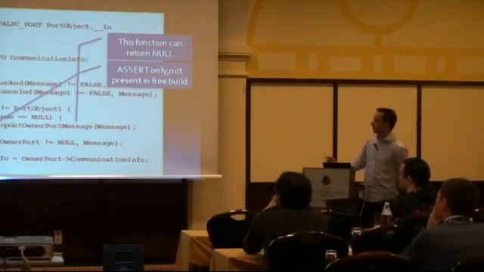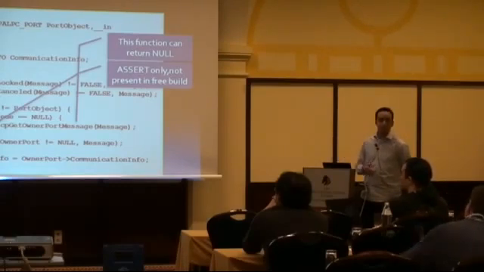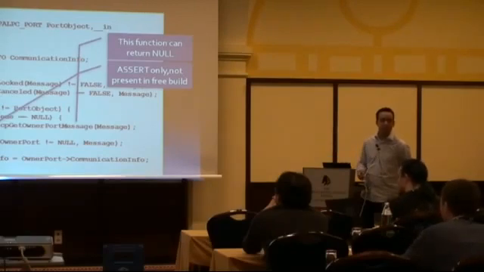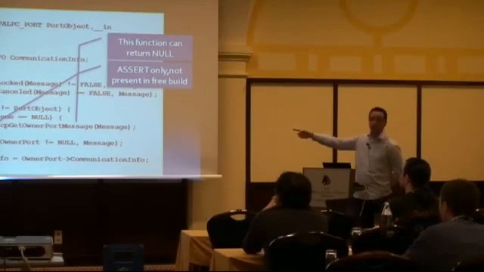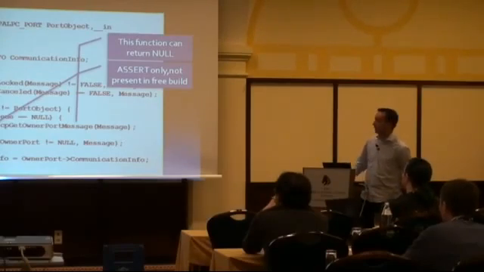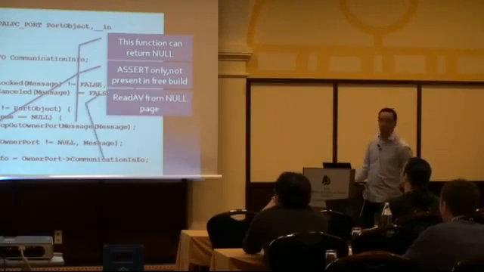So basically, if you allocate the null page in the user mode app that is calling this code, and that call fails, you own that structure, owner port, and here it's going to be a read AV from the null page. So this is a null deref in kernel mode.